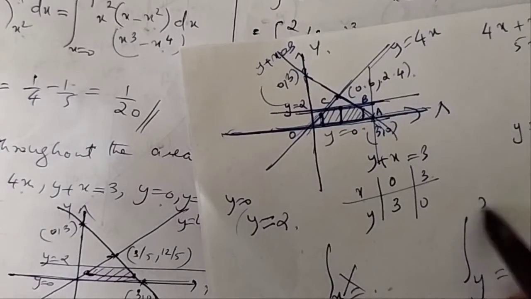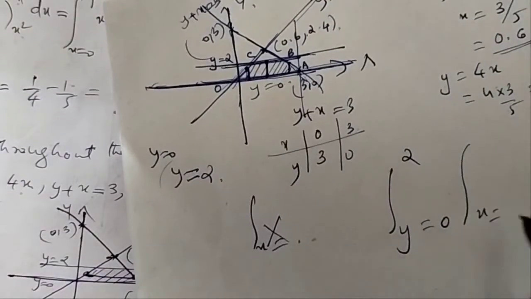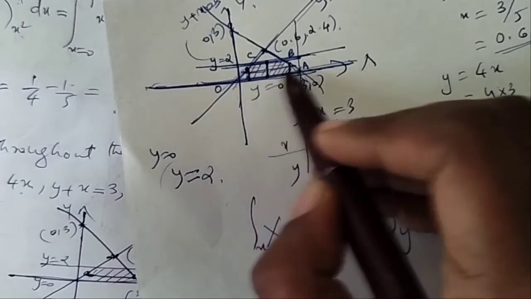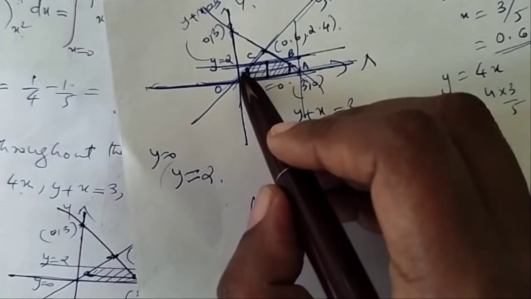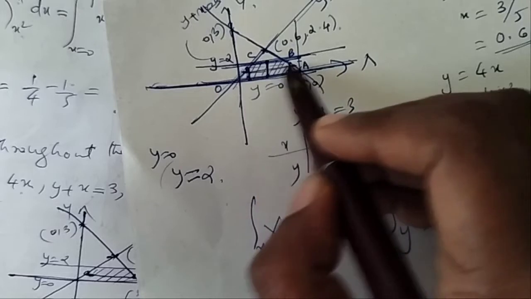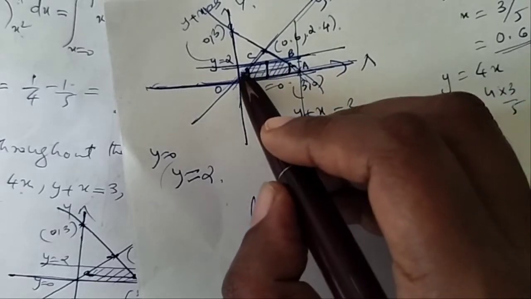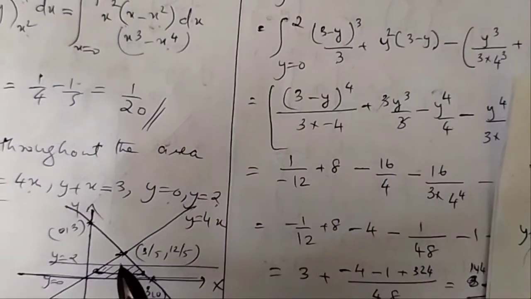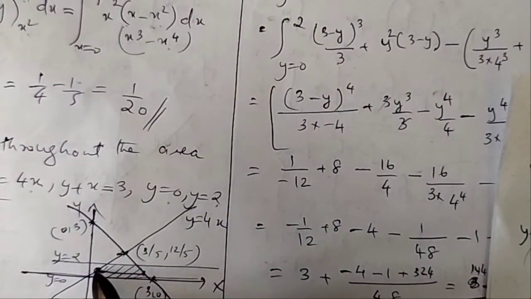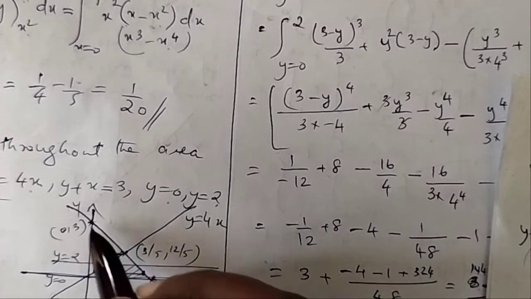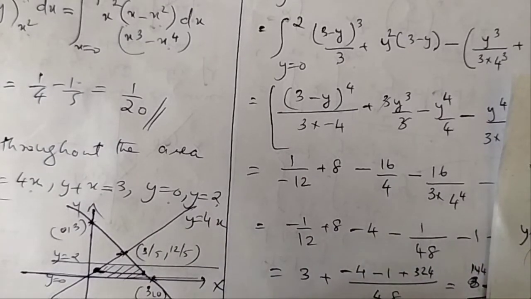Y from 0 to 2, then x from, draw any horizontal strip inside the region. Everywhere it is uniform, that is, the bounding curves are not different. The left endpoint is on the line y is equal to 4x, and the right endpoint is on x plus y is equal to 3.